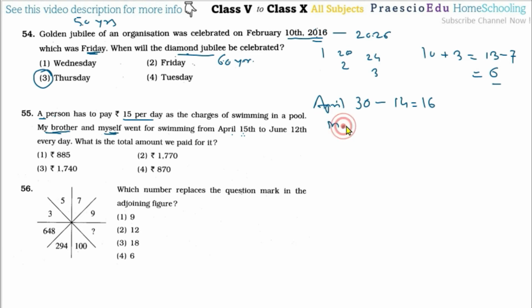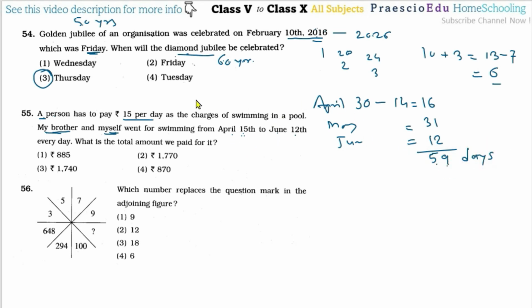Then May has all 31 days, and then June only up to the 12th they went for swimming. So adding this, 6 plus 1 plus 2 is 9, and 1 plus 1 and then 3 is 5. So now 59 days they went for swimming.